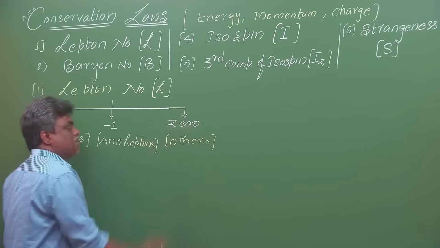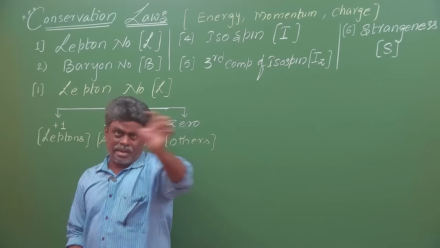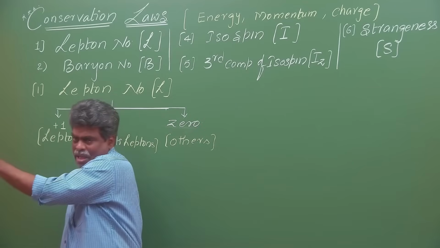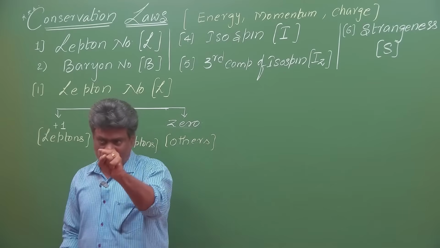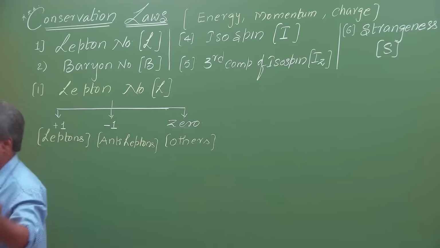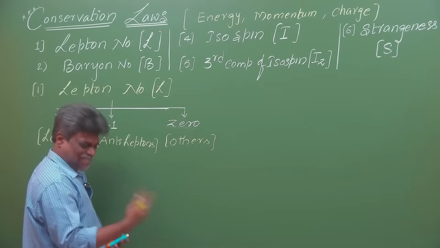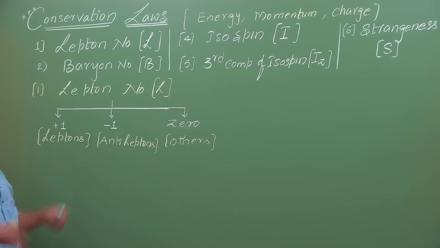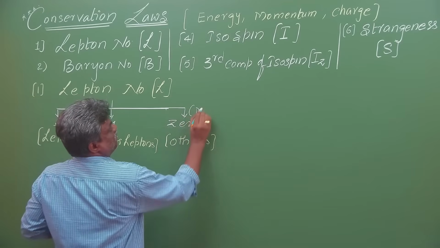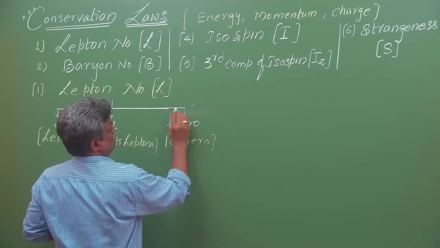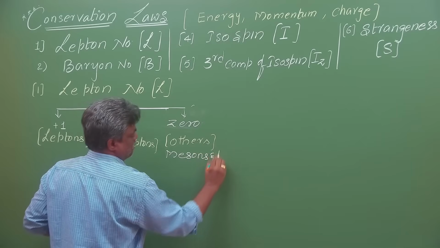Now I told you already, elementary particles are leptons and hadrons. Hadrons are classified into mesons and baryons. So basically you have three groups: leptons, mesons, baryons. Other than leptons, that means 0 for mesons and baryons.